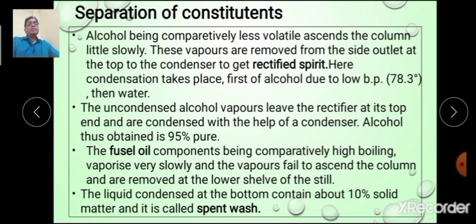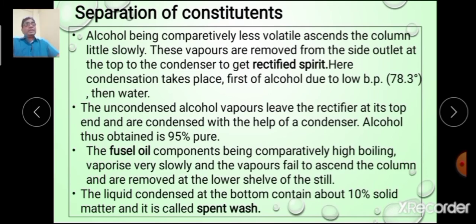Alcohol, being comparatively less volatile than aldehyde, ascends the column a little more slowly. The vapors are removed from the side outlet of the column at the top to condense. It is sent to the condenser, converted into liquid, and called rectified spirit.